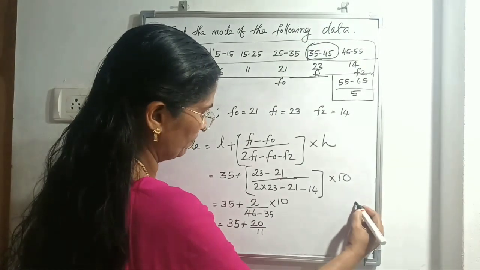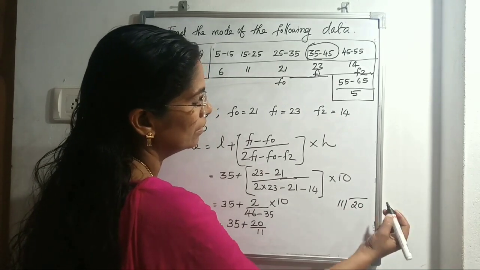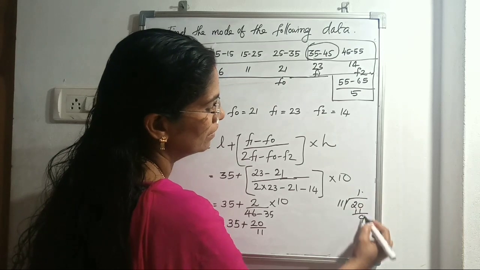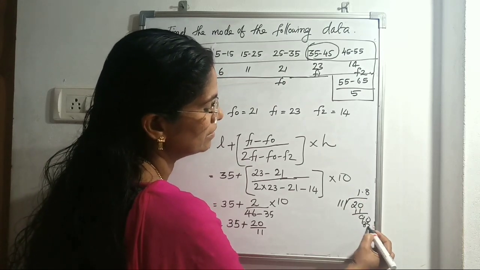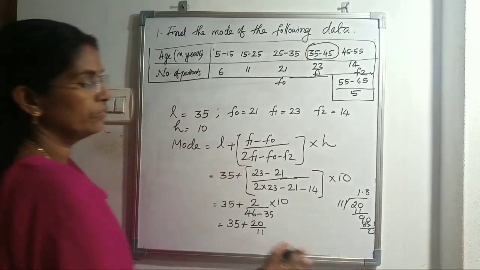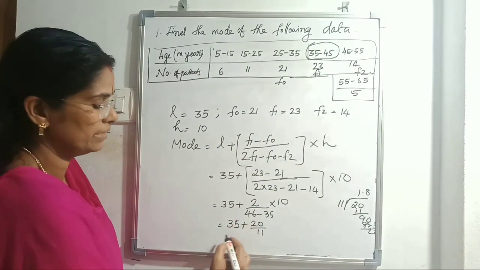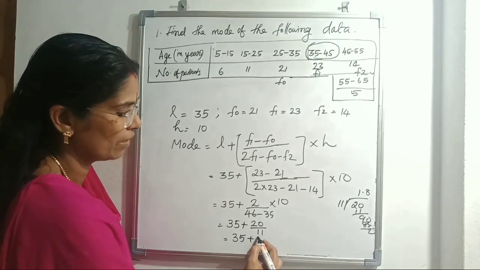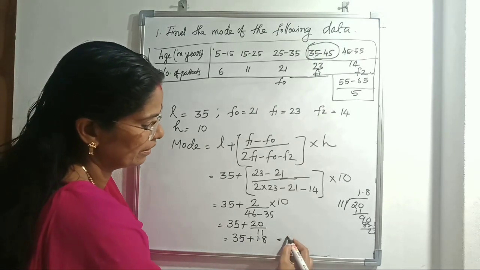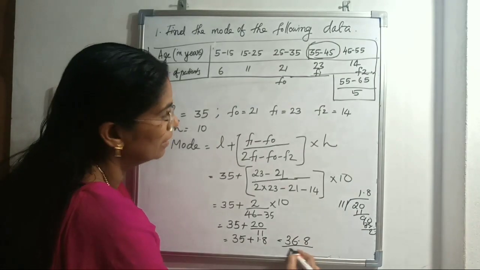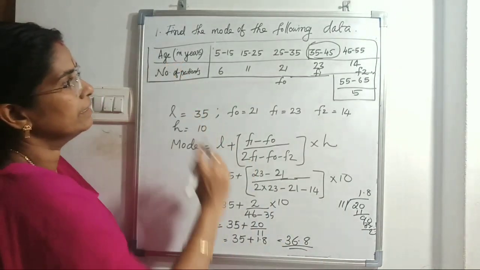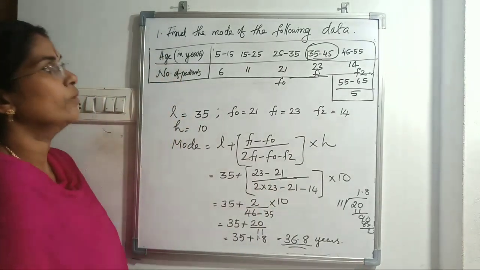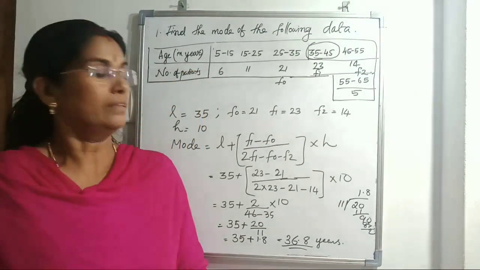We can simplify: 1.8, and it goes on, so we can take only one digit after the decimal. So the last term is 35 plus 1.8, which is 36.8. This is the age in years, 36.8 years. That is the mode of this data.